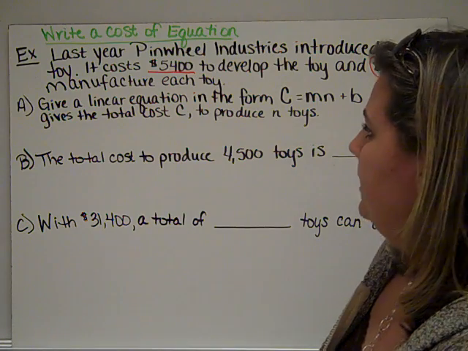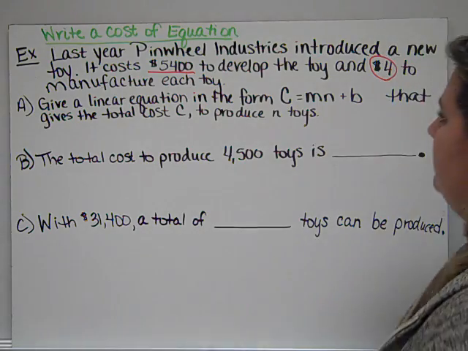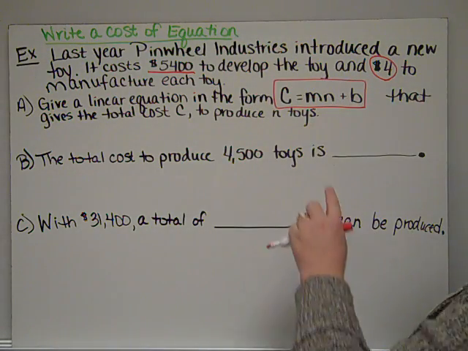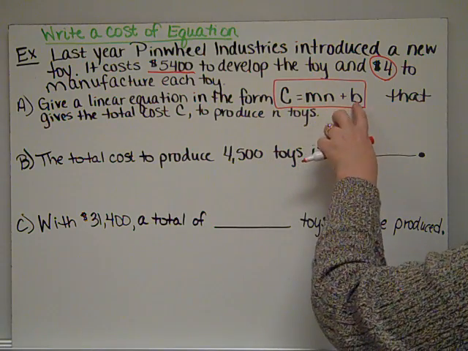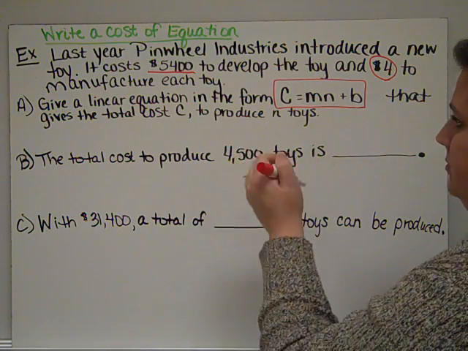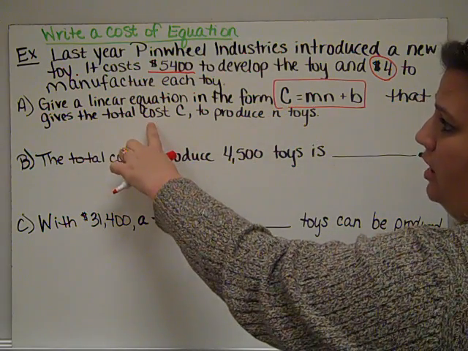Okay. So now it's asking us to set up a linear equation in the form, here's our equation, y equals mx plus b. So what it's saying is that our y, here we're talking about C, is the total cost.